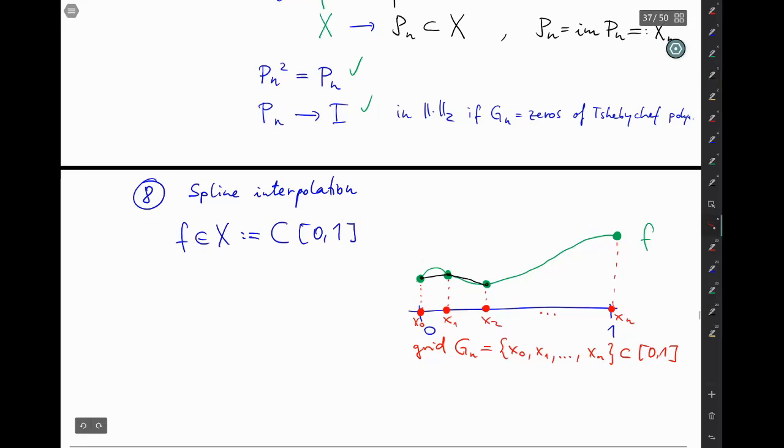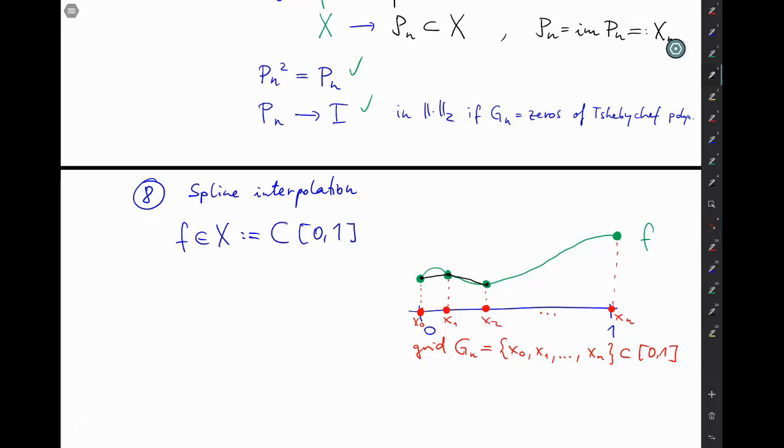Of course, that's not great if you don't like these edges that you get here. So if you prefer something a bit smoother, then you could go up with your degree to polynomials of degree 2 or 3, and even formulate more wishes, like they should pass through these points and have the same derivative where they meet, which would of course give you a much smoother transition from one polynomial to the next, or from one subinterval to the next.